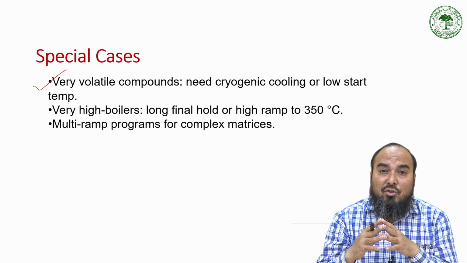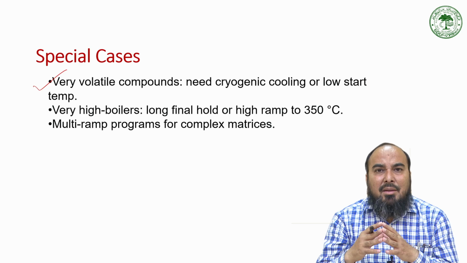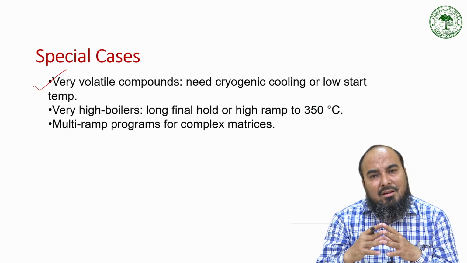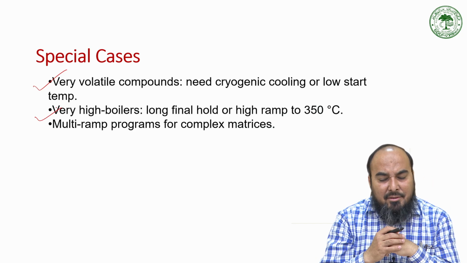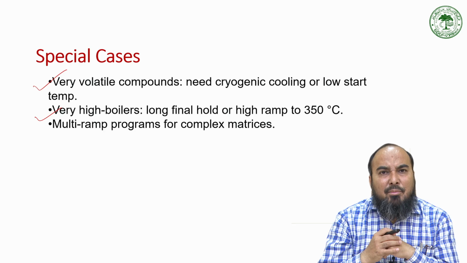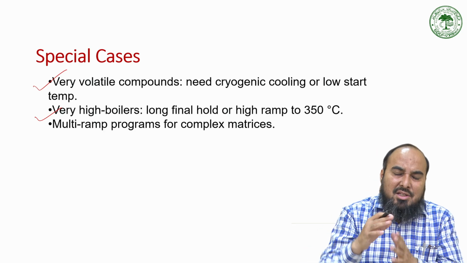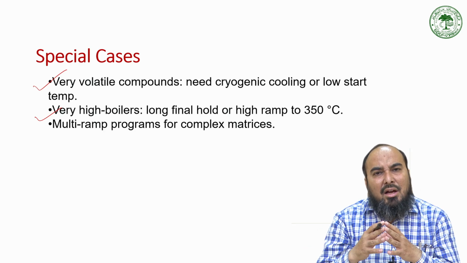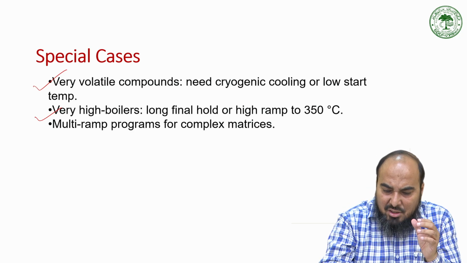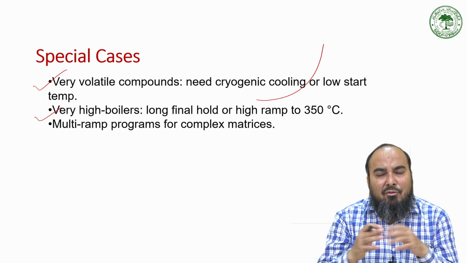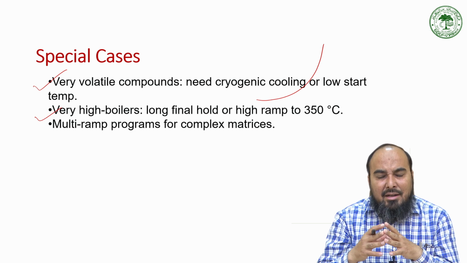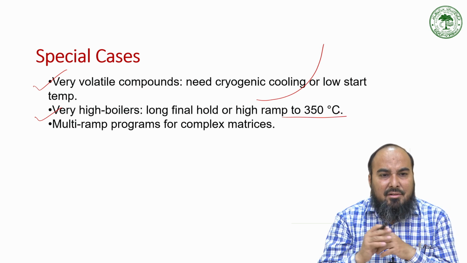So you have to start from minus 5, minus 10, depending upon the nature of the volatile components. Similarly, if you have very high boiling points, then you have to use programmed GC or a stepwise GC, or sometimes you can also use a GC in which the temperature rises with a very high ramp, and that can go up to 350 degrees centigrade.